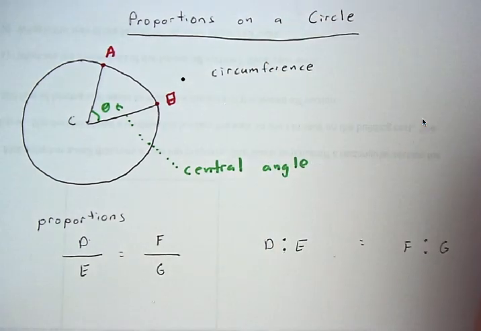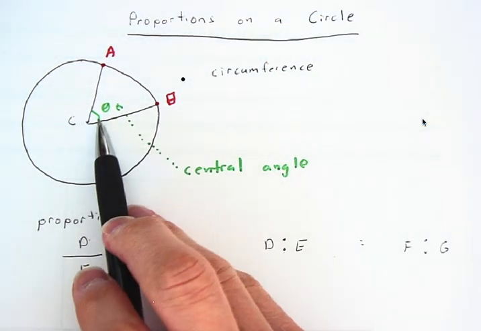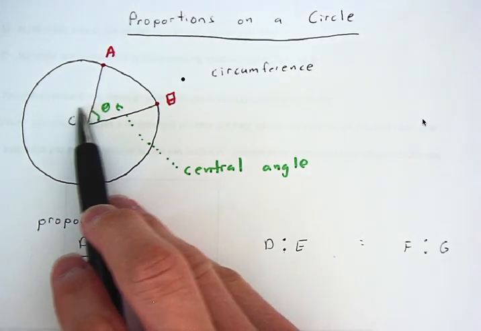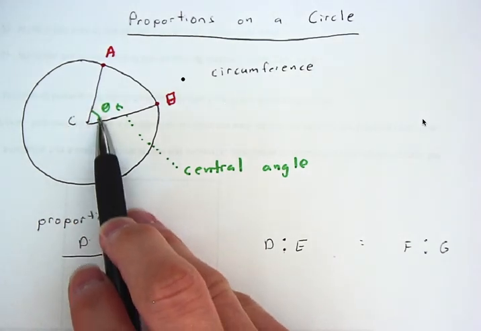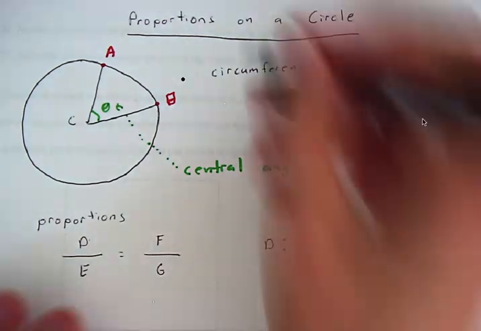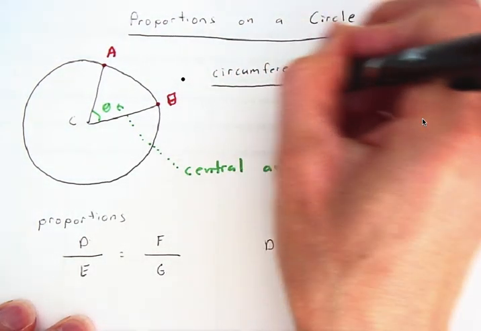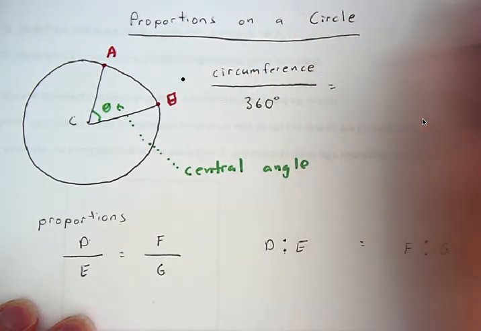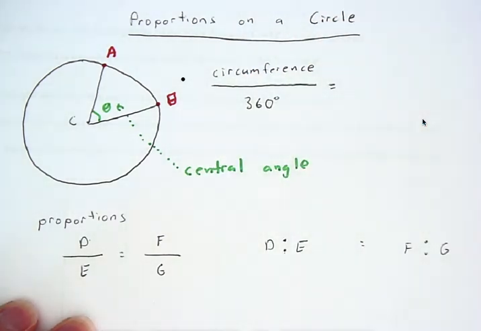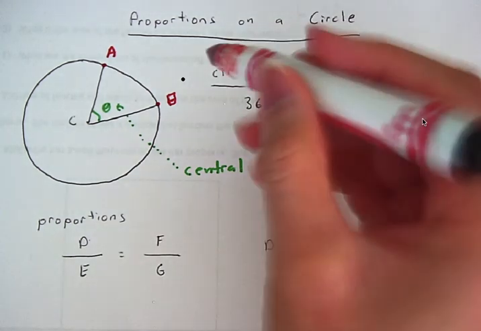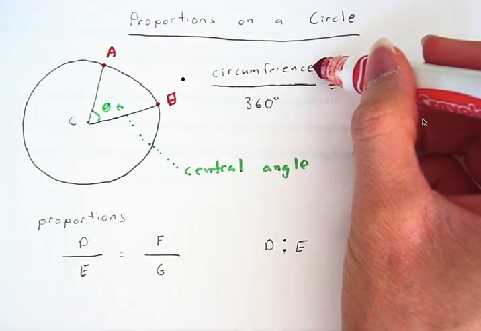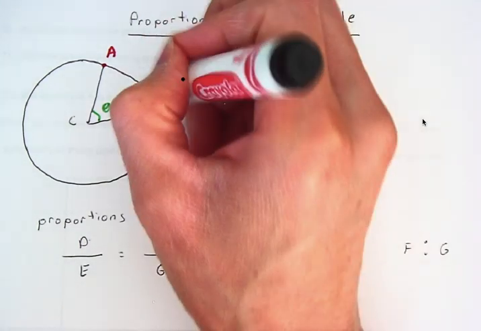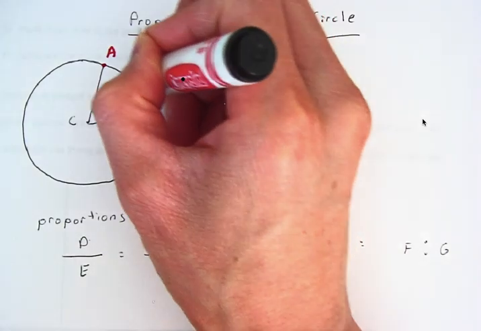And the angle on the inside, starting at A and going all the way around back to A, that right there would be 360 degrees. Remember, circumference is talking about going around the outside of the circle.